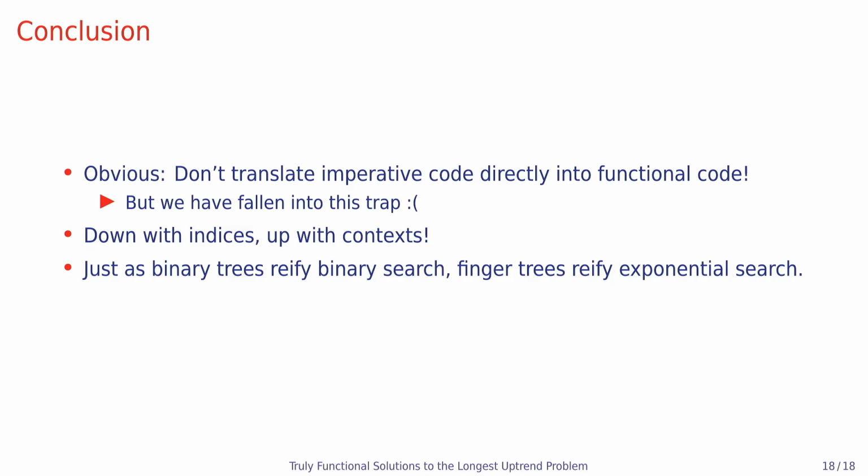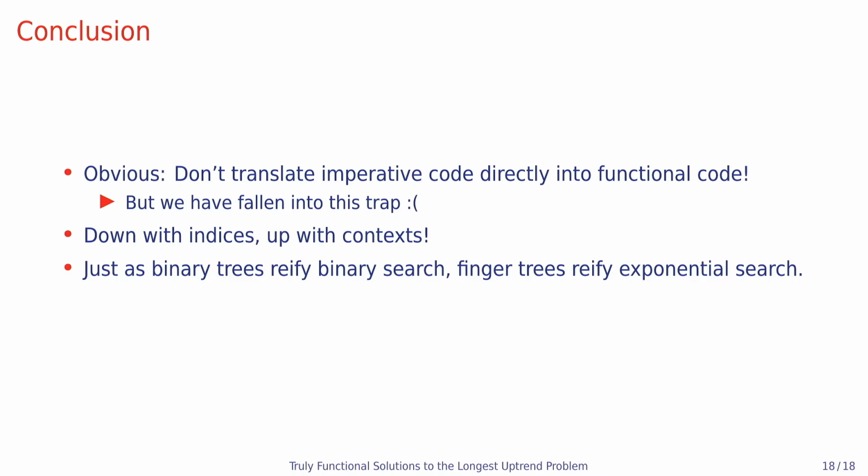For the conclusion, it's obvious for us, I think: don't translate imperative code directly into functional code, but we have unfortunately fallen into this trap. In particular, this means don't use indices blindly. Use zippers, use contexts instead.